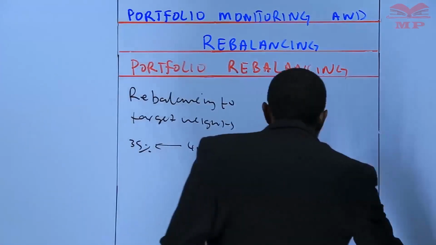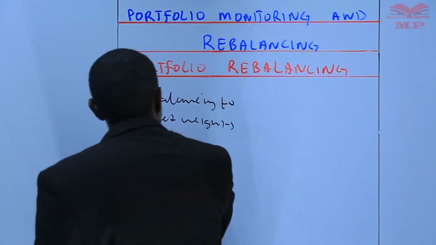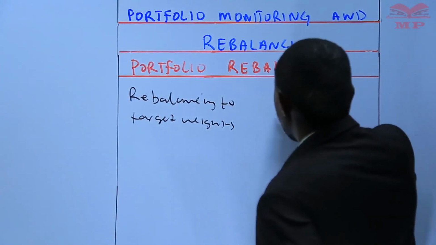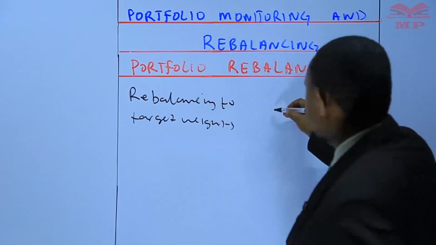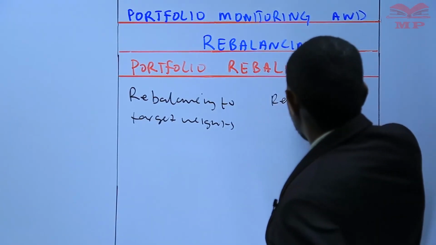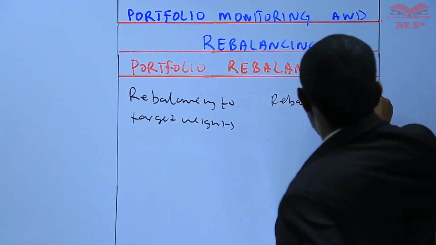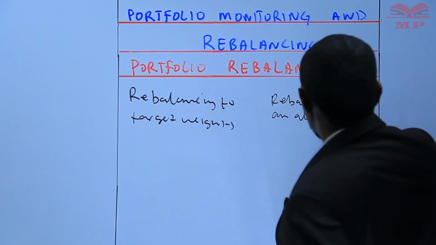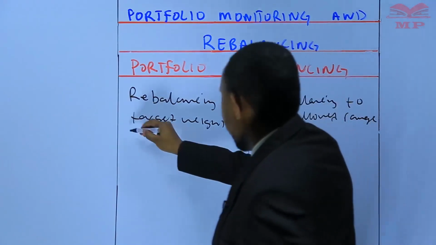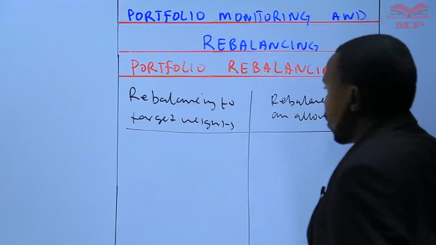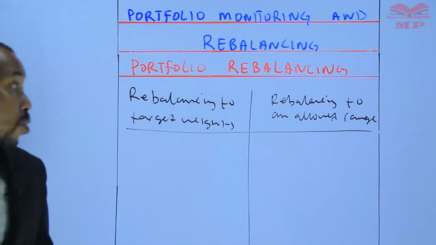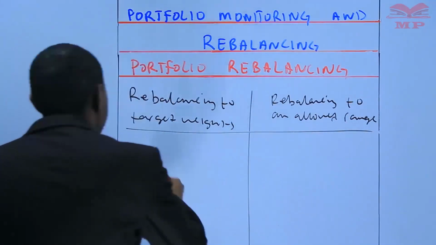On the other side, we have rebalancing to an allowed range. And I'll be able to emphasize this using a red pen.